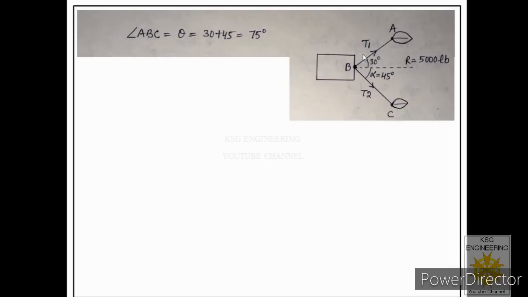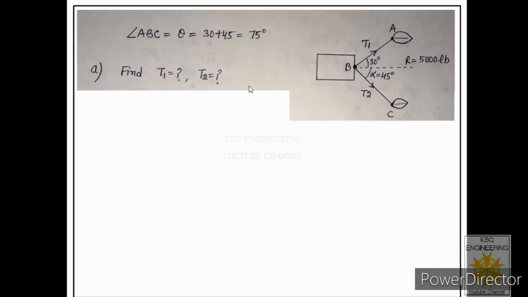Over here, the two concurrent forces are T1 and T2, and the angle between these two forces is 30 plus 45, that means 75 degrees. So in the first step, we write the value of theta, that is 75.